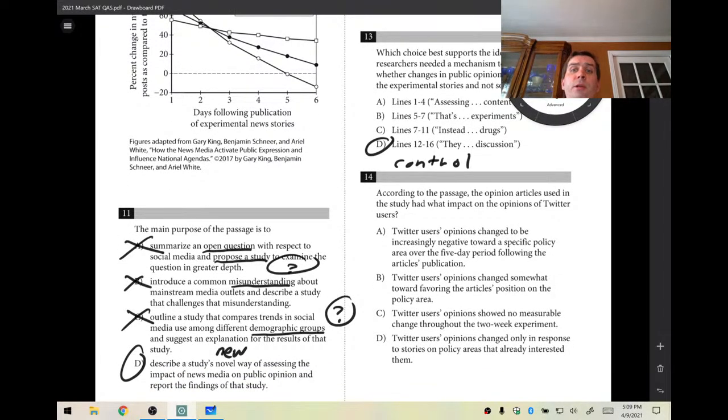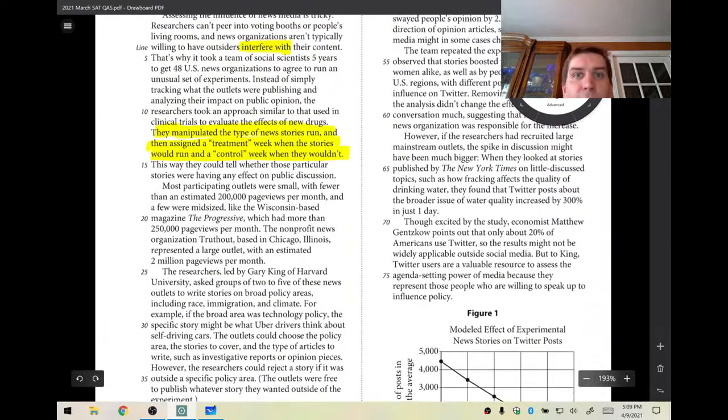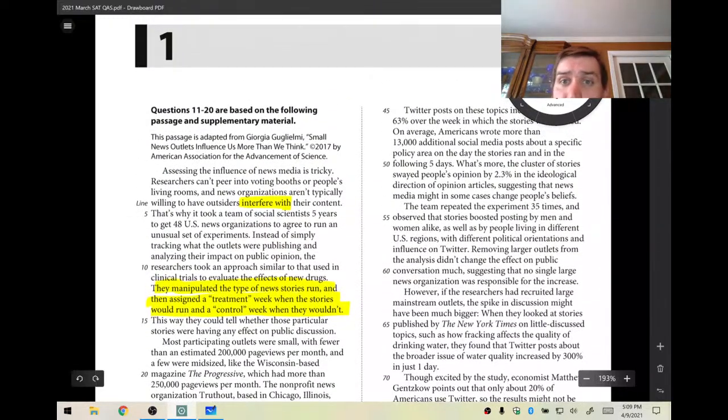According to the passage, the opinion articles used in the study had what impact on the opinions of Twitter users? I'm just going to read briefly from the passage here. What effect could that have on Twitter users? How about right here maybe?